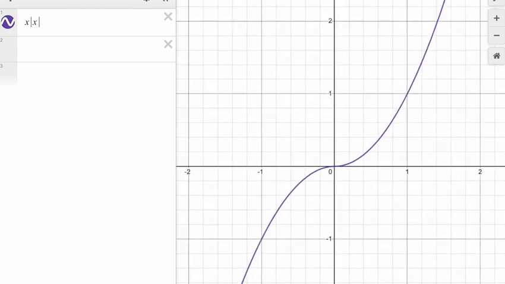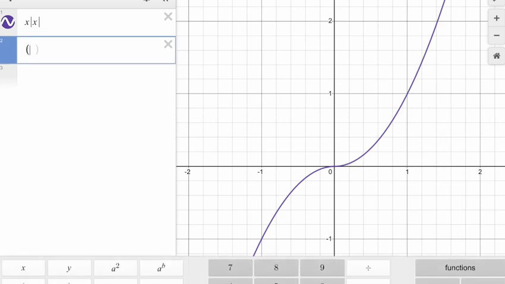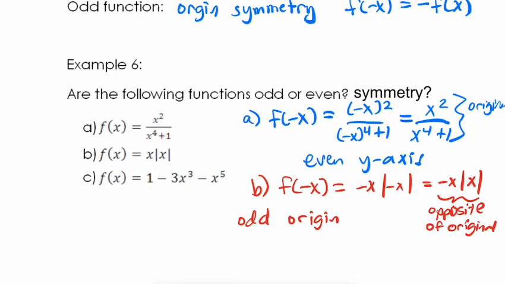But would you agree that I could put a push pin on the center, kind of like a pinwheel? I could turn this 180 degrees. You could also see if there is a piece in the first and a flipped piece in the third, or a piece in the second will show up as a piece in the fourth. If that's the case, that's a perfect example of origin symmetry. So the graph and the algebra should always go together, or one of them is wrong. Okay, let's go back and do our final equation.